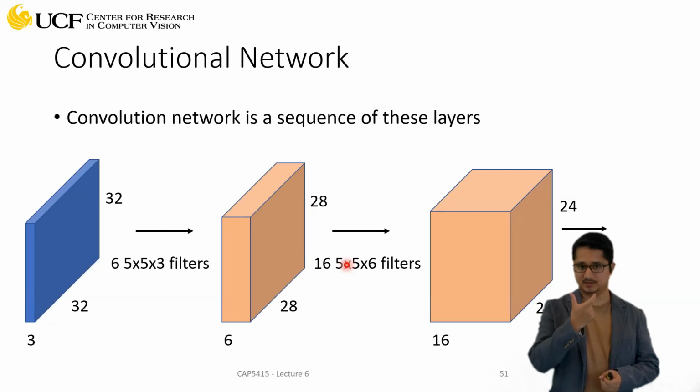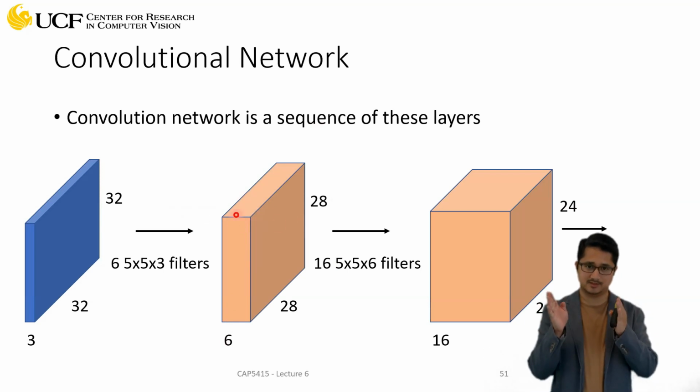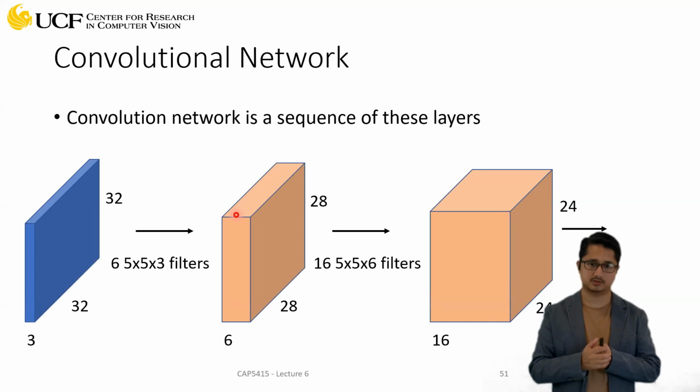But in the depth aspect, you are covering all the pixel values at once. So you're spanning across the spatial dimensions X and Y, but you're not spanning across depth. You're considering all those values at a single time. All the values are considered when you compute the linear combination across all the activation maps. That's one thing to note here.